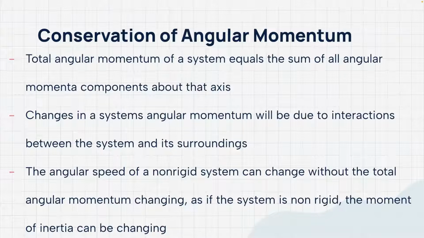The angular speed of a non-rigid system can change without the total angular momentum changing, as if the system is non-rigid, the moment of inertia can be changing. So essentially, the angular momentum can still be constant, even if the speed is changing, because in a non-rigid system, it can break up. That means the moment of inertia will be changing too. It's just sort of common sense.